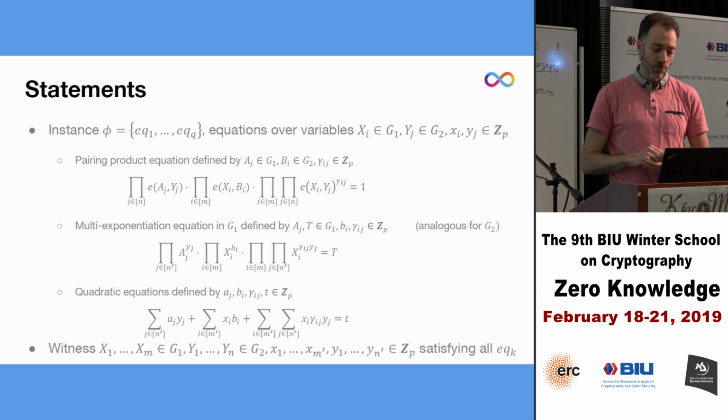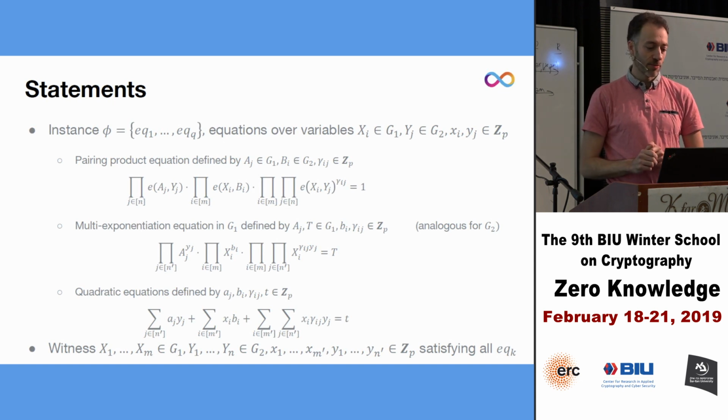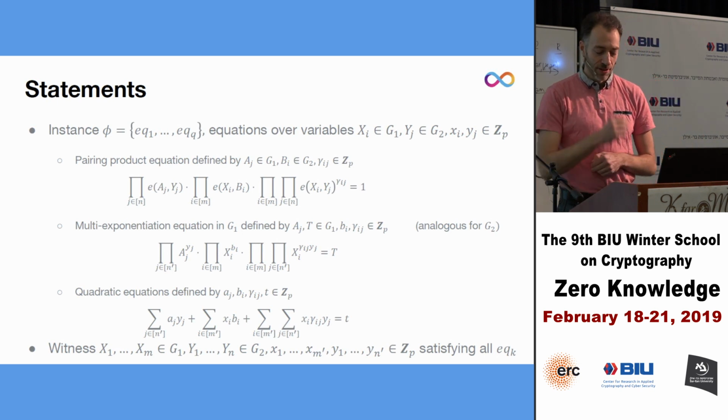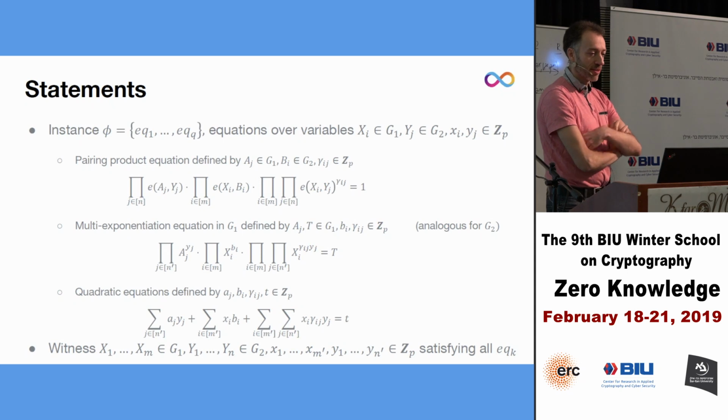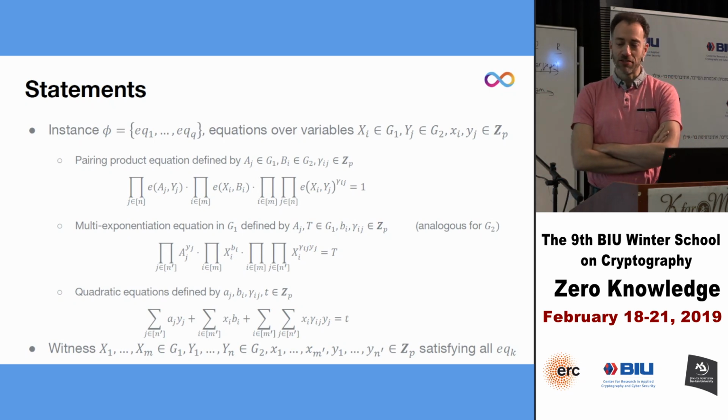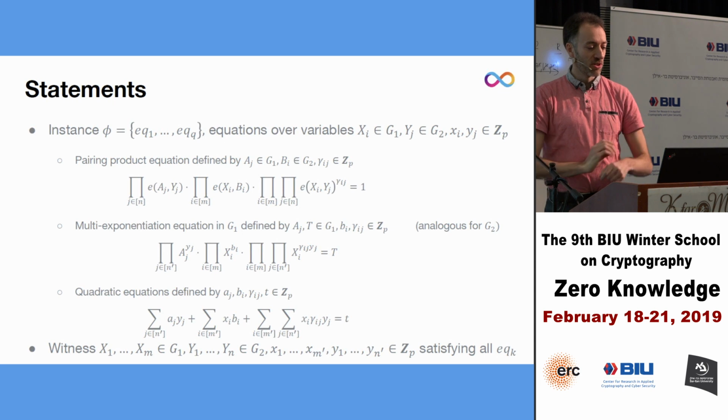Okay, so let's dig a little into these statements and see what we can say about them. And the first thing I want to think about is, of course, whether they are NP-complete. Right? So can you express any statement in NP using these equations?